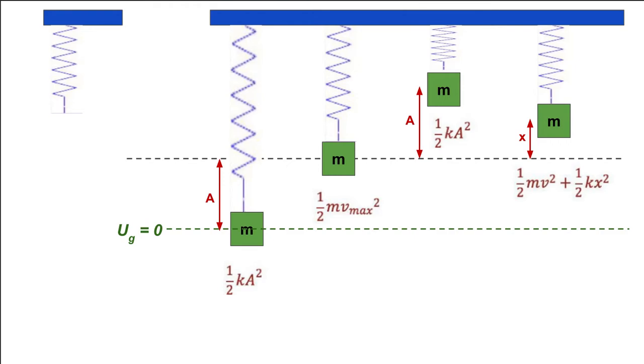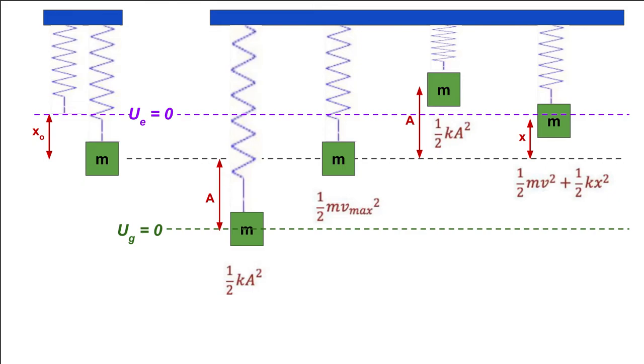So we would have our 0 point for gravitational potential energy at that lowest point wherever we pull the mass down to, but the 0 point for the elastic potential energy would need to be where the spring had nothing pulling on it at all, which means that there's this extra distance we would have to take into account, mainly the distance between the 0 point of elastic energy and the equilibrium point of the system. And so I've called that x sub o on this diagram here.